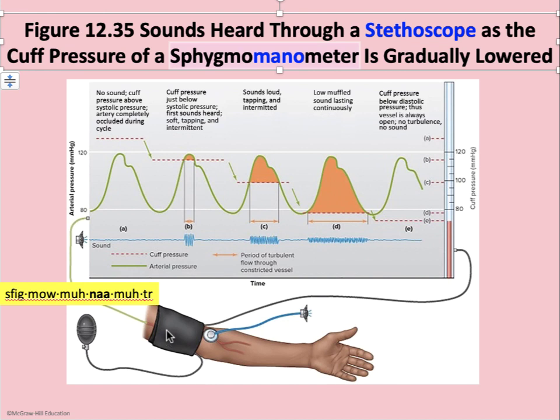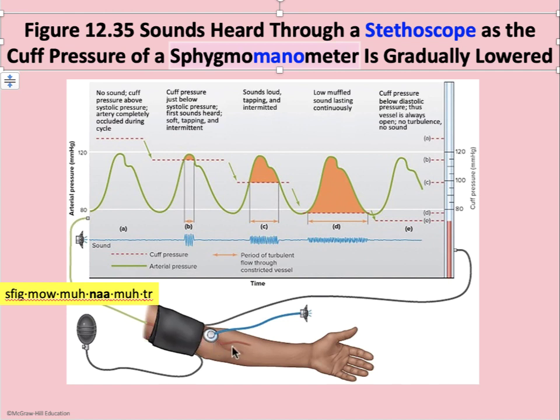The cuff is then pumped up until it's higher than all the blood pressure, therefore cutting off blood flow to that limb. As the pressure in the cuff is reduced, when you reach the higher blood pressure value, the systolic reading, then and only then you'll hear sounds as blood is able to push its way through into this region of that limb.